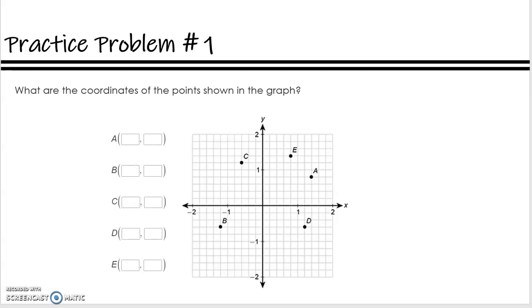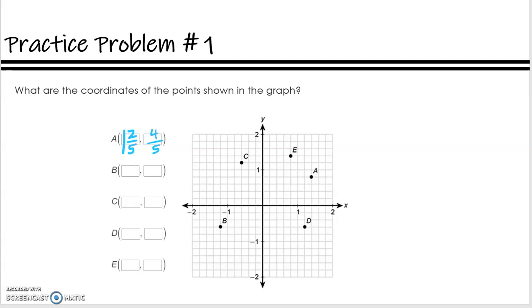So A is going to be at 1 2/5. So 1 2/5 is your X value, and then you go up from there, and you almost get to 1 whole. So that's 1/5, 2/5, 3/5, 4/5. So A is at 1 2/5, comma 4/5.